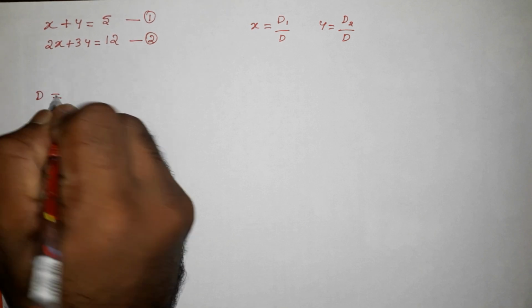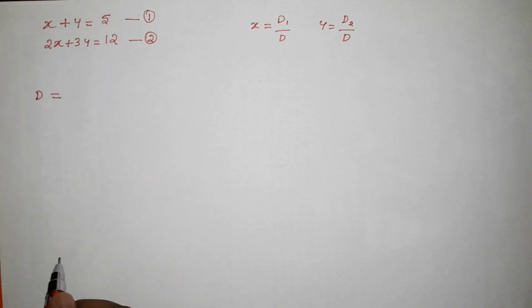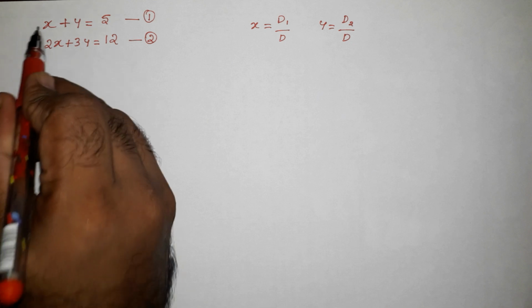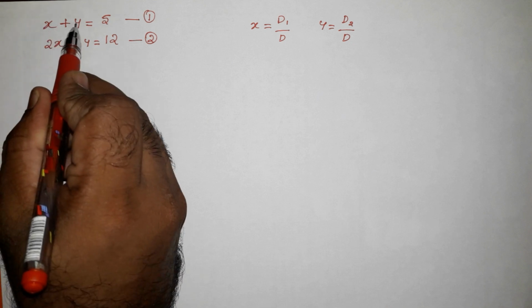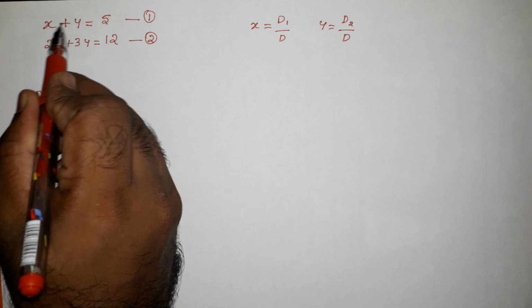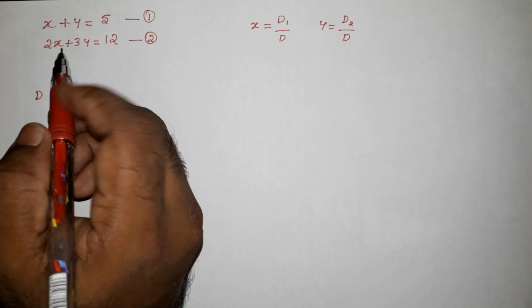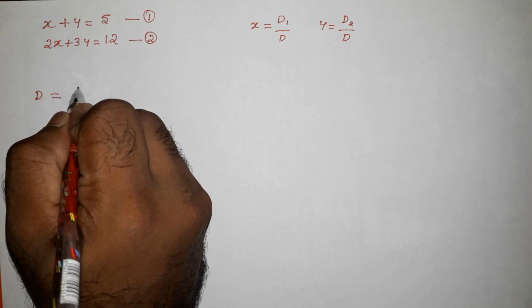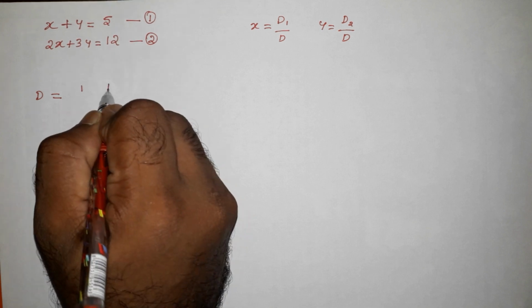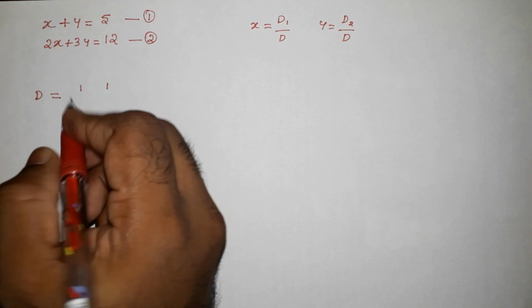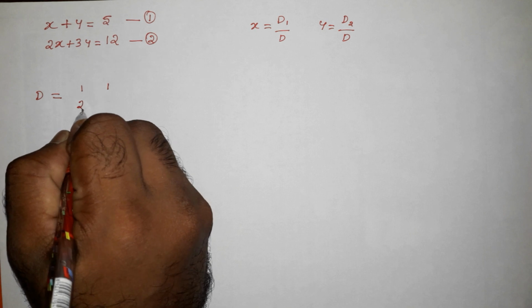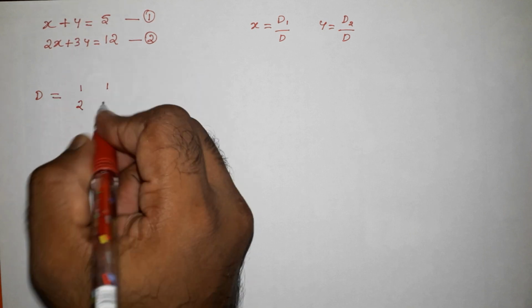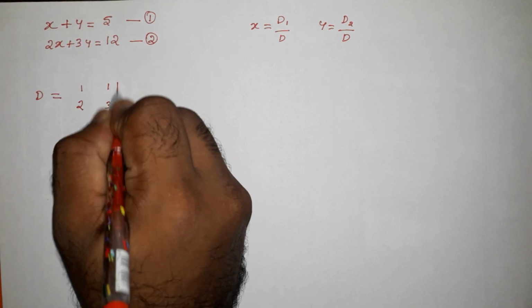Delta or determinant is equal to, first I'll take the values, x, here only x is there, and in the place of y only y is there. Since x and y are there, I'll take the values as 1, 1. Here 2 x's are there, so I'll write 2, and here 3y, so I'll take 3.